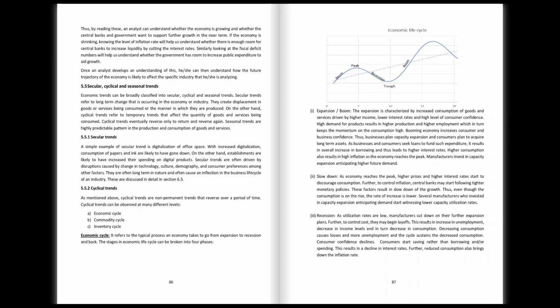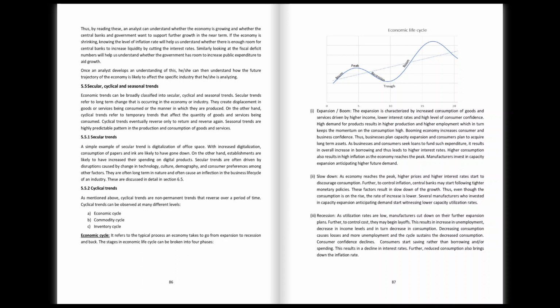As businesses and consumers seek loans to fund such expenditure, it results in an overall increase in borrowing and thus leads to higher interest rates. Higher consumption also results in high inflation as the economy reaches the peak. Manufacturers invest in capacity expansion anticipating higher future demand. 2. Slow down. As the economy reaches the peak, higher prices and higher interest rates start to discourage consumption.